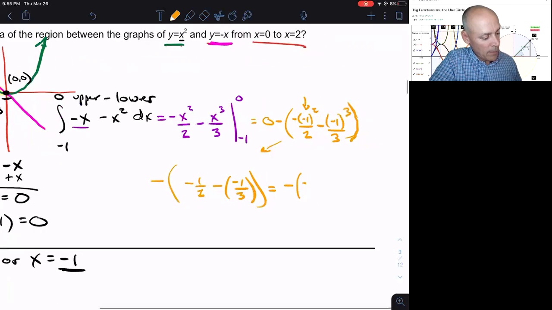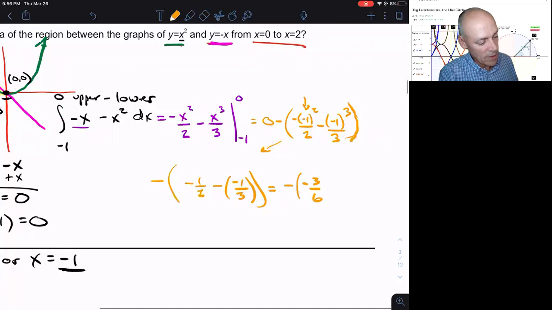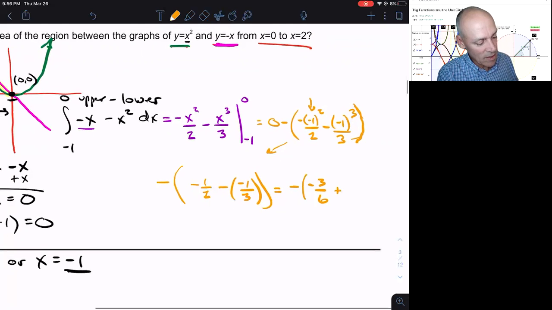Okay, so if I have a negative, now this is going to be the same as negative. I'm going to just rewrite it as fractions over my common denominator of 6. So it's going to be -3/6, and then minus a -1/3. So that's going to be equivalent to plus 2/6. Okay.